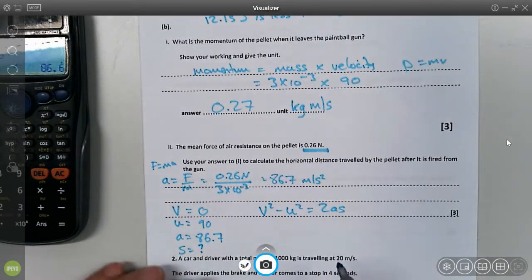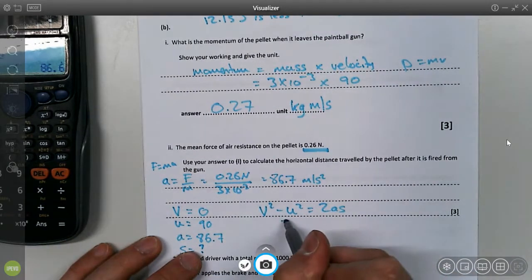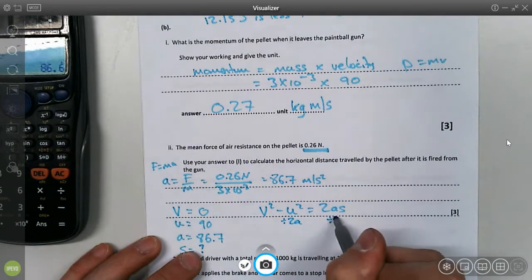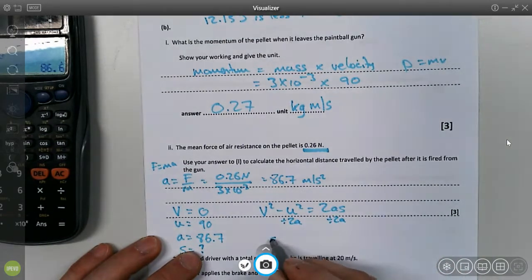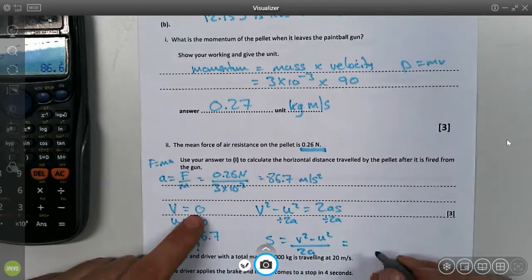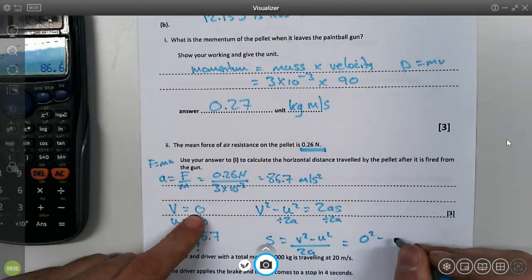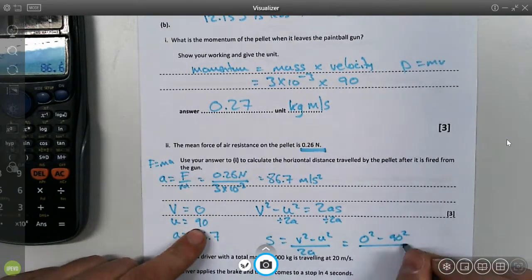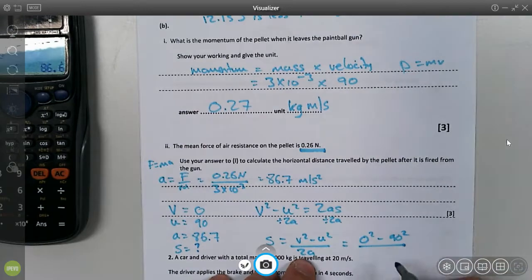So we're trying to work out distance, so we're going to rearrange. We divide both sides by 2a, and so we end up with s is v squared minus u squared over 2a. We can put in our numbers, so v is 0 minus 90 squared over 2 times the acceleration.